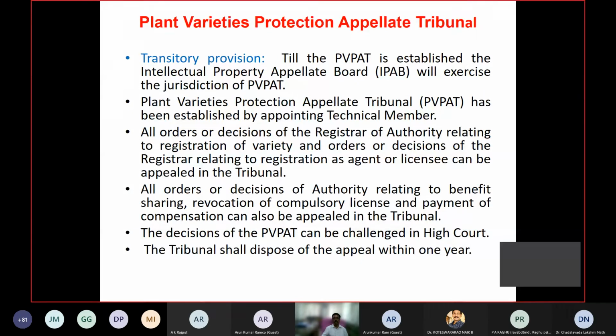Now the commercial courts will take care of these issues pertaining to registration. That is the commercial court bench specially created in the High Court as per Section 3 and Section 4 of the Commercial Courts Act of 2015.